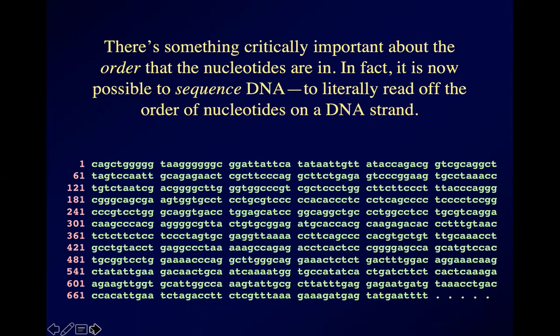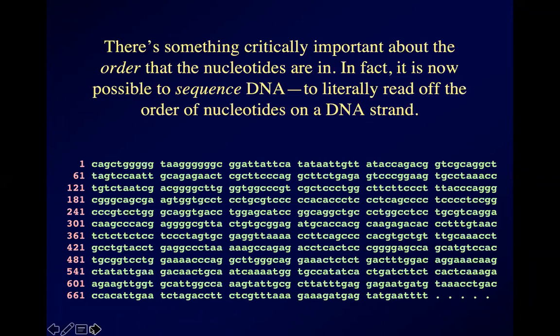So, for example, this is a piece of human DNA, and I don't remember off the bat what it is, but there is some piece of your chromosomes where on one of the strands of DNA, the nucleotides go C, A, G, C, T, G, G, G, G, G, T, A, A, G, G, G, G, G, G, C, G, G, A, T, T, A, T, T, C, A, T, A, T, A, A, T, T, G, T, T, A. Hope you're writing all that down.